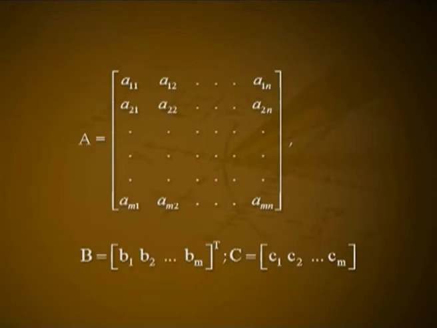B equal to the row b1, b2, etc. bm transpose. C equal to the row c1, c2, etc. cn. X equal to the row x1, x2, etc. xn transpose. Here cj's are called the cost coefficients.